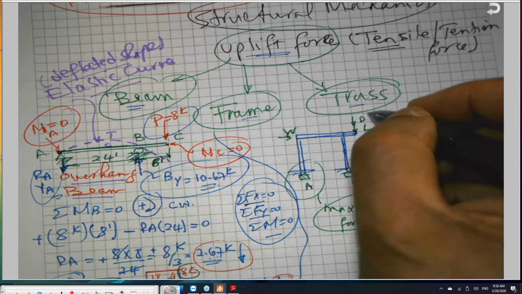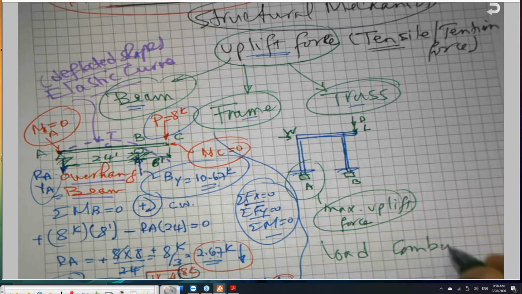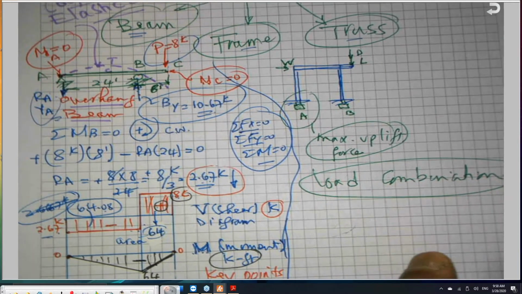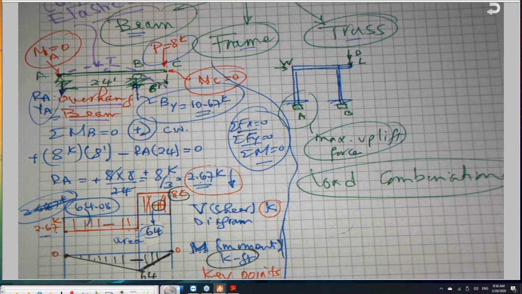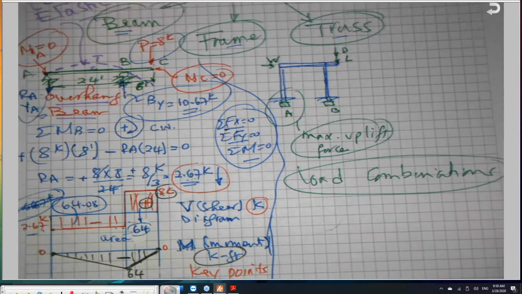So what load combination? We have something that's called load combinations: dead plus live plus wind plus earthquake plus temperature plus H. All these things are given in codes. I can show you some examples of load combinations.